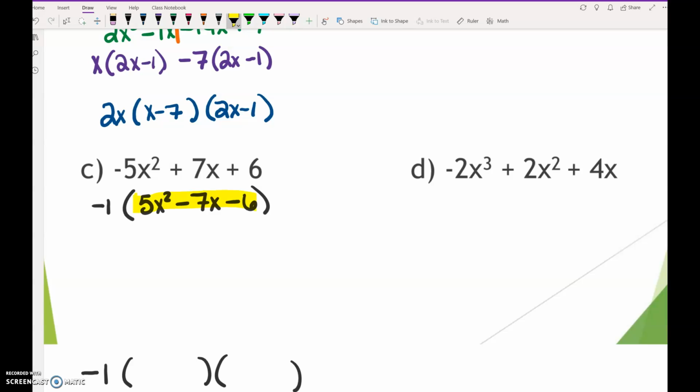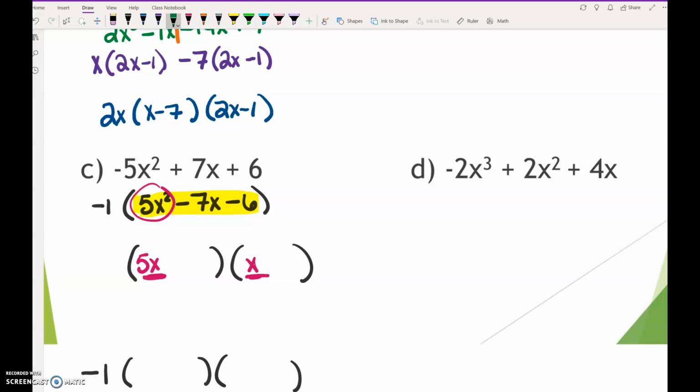Okay, now let's focus on the trinomial. It is going to end up being something times something will give us 5x squared. The only way to do that is 5x and x.